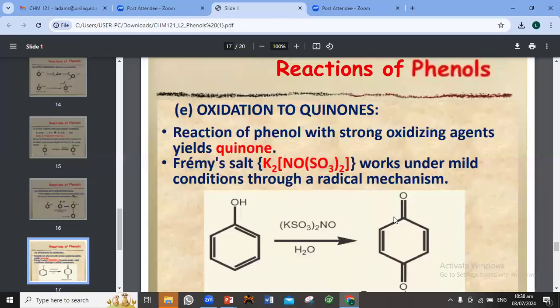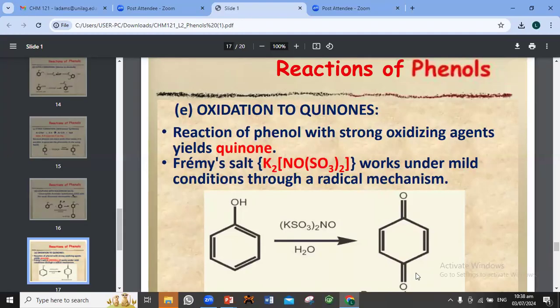So when I talked about oxidation earlier, phenol does actually show some. If you take phenol and react it with Fremy's salt, potassium nitrosodisulfonate, you can see it can oxidize phenol into a quinone.